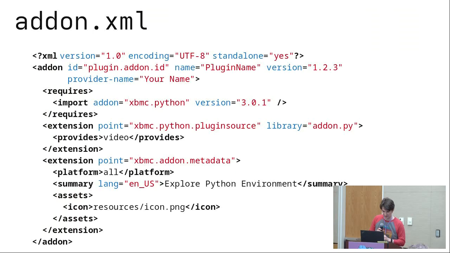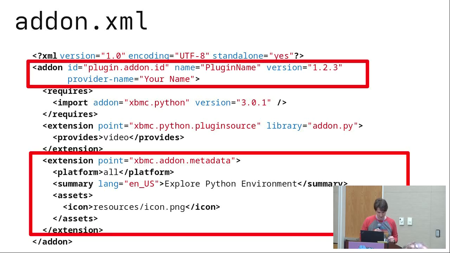Okay, addon.xml. Most of this is metadata. I'll highlight those. For this add-on, the ID is important. The ID identifies yourself, and it has to be unique among Kodi add-ons.